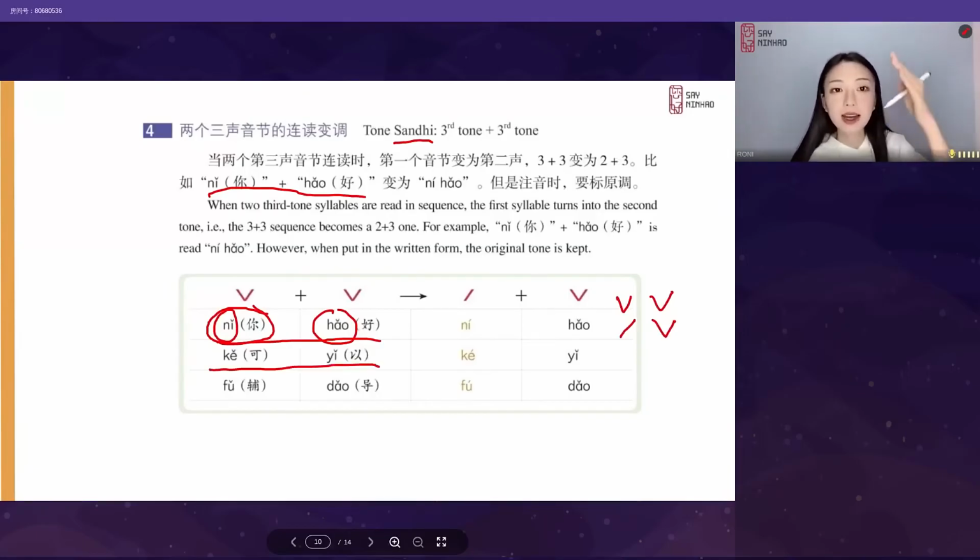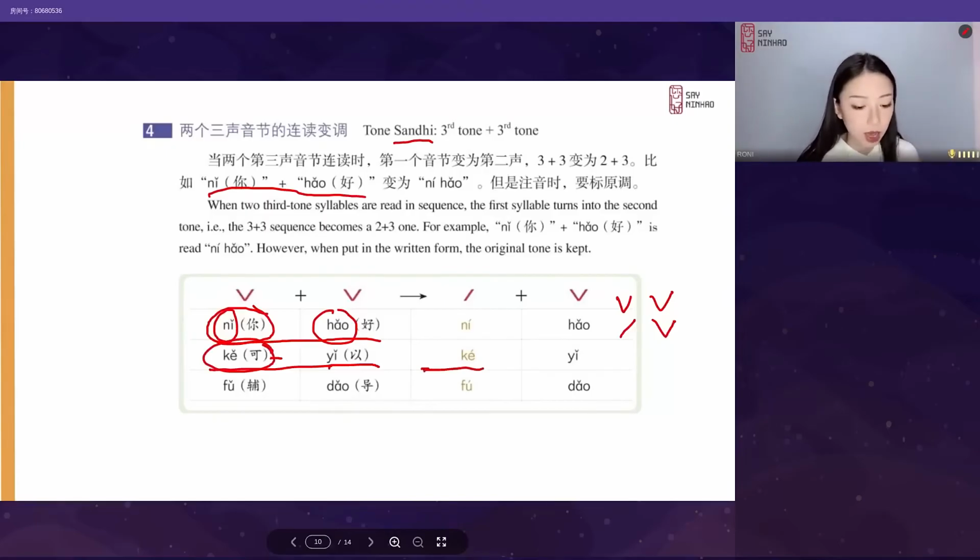It is 可以. Two third tone words. When we put these two characters together, 可以, it means be able to do something. So when we put them together, we should change the first one into second tone, right? So it becomes 可以, 可以. Read after me, please. 可以, 可以. Very good.